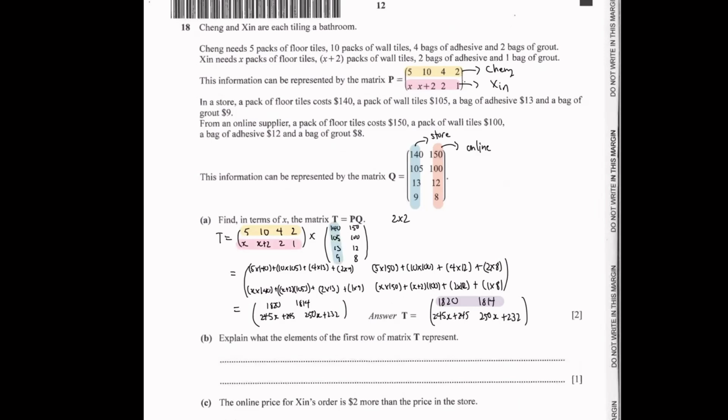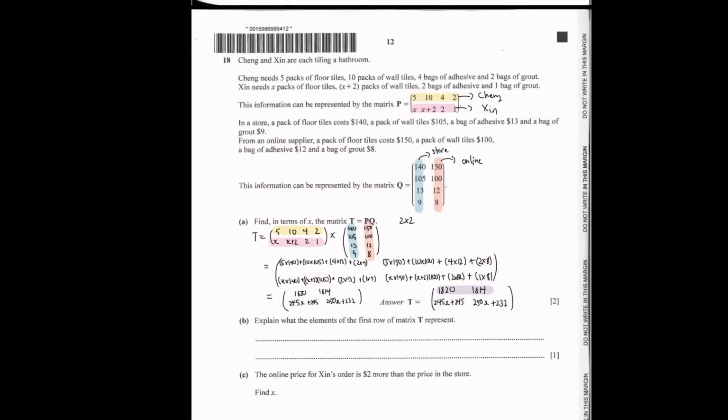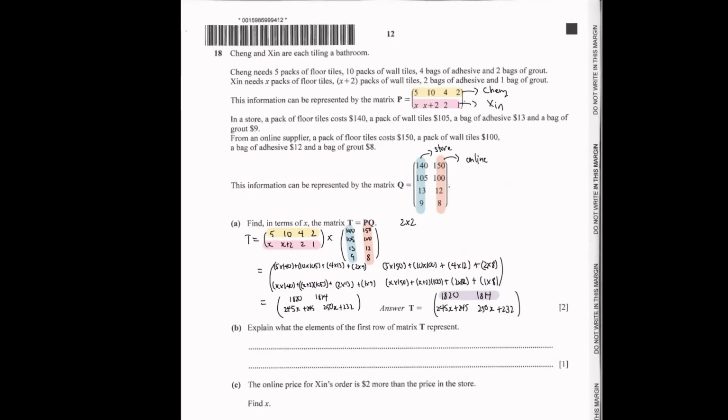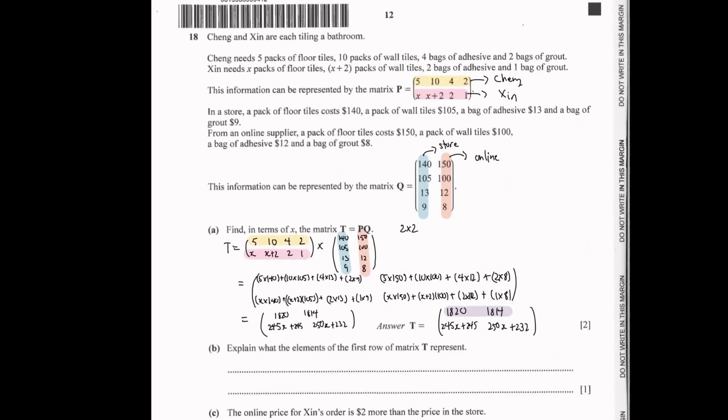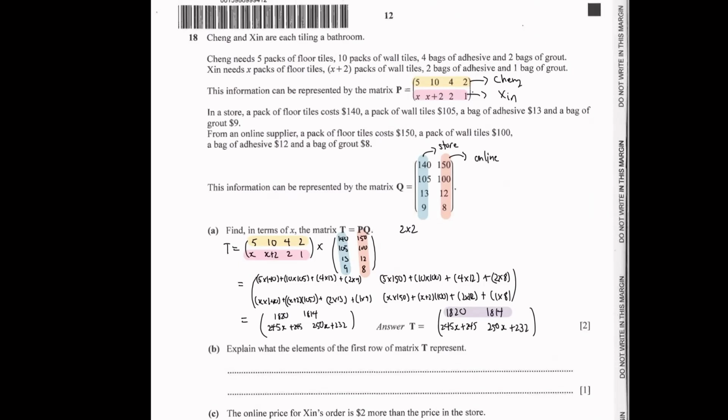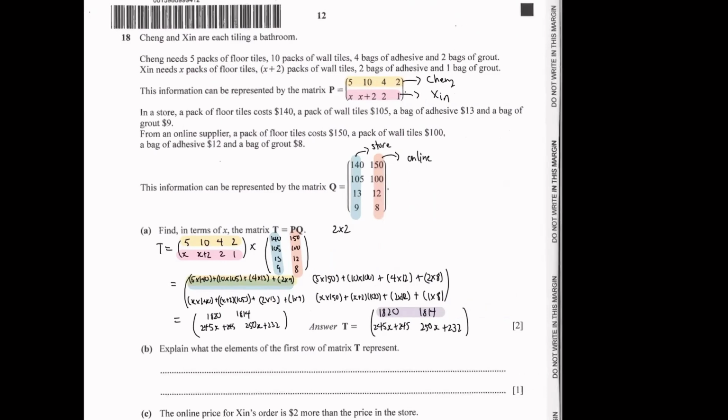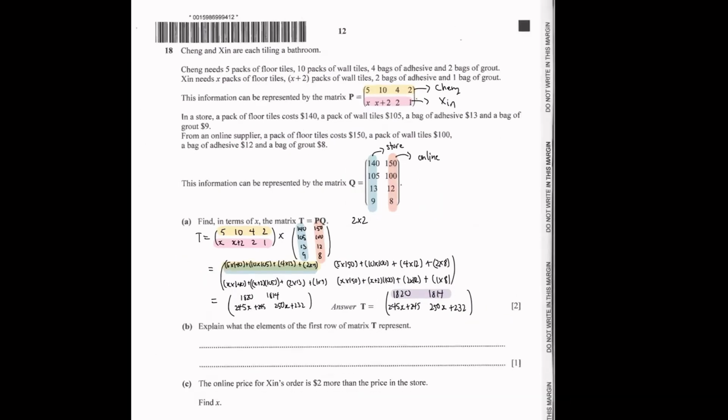What is happening is that we have this and this, blue and yellow. And then yellow and orange.